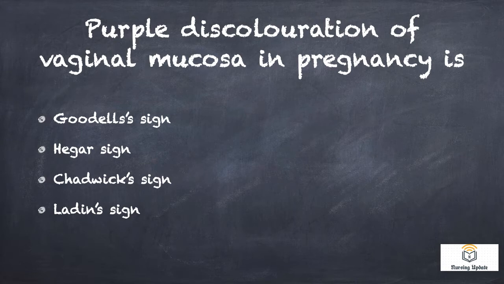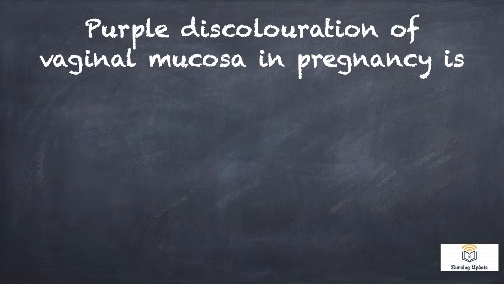Coming to this question, there is a term which denotes purple discoloration which occurs in vaginal mucosa during pregnancy. The term is: option A Goodell sign, option B Hegar sign, option C Chadwick sign, option D Ladin sign.